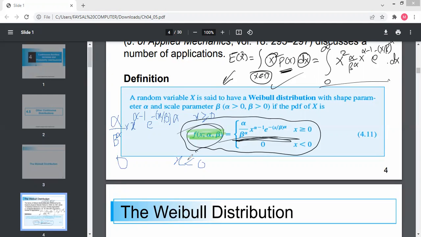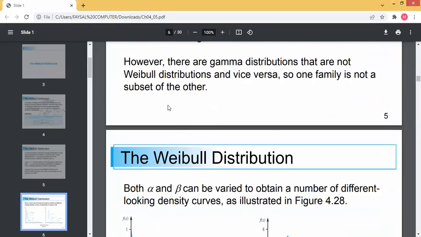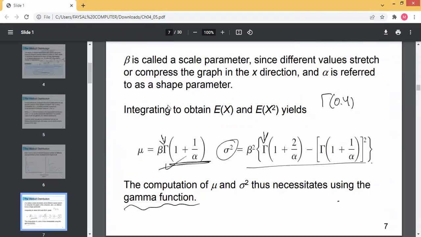So f(x; alpha, beta) will be alpha upon beta power alpha multiplied by x power alpha minus 1 into e power negative of (x upon beta) power alpha. So this is the way we find the Weibull parameter. Let's go towards some examples of Weibull distributions.